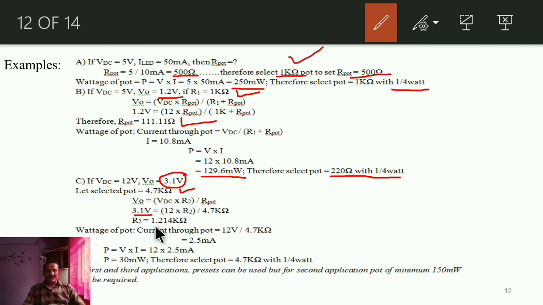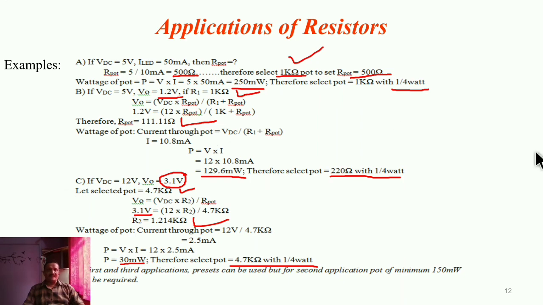Then what should be the values of R1 and R2? So here you can simply determine the value of R2. It should be 1.214 kilo ohm, and its power handling capacity required is only 30 milliwatt. Okay, so you can select the 4.7K potentiometer with quarter watt. It can be used for our requirement, right?